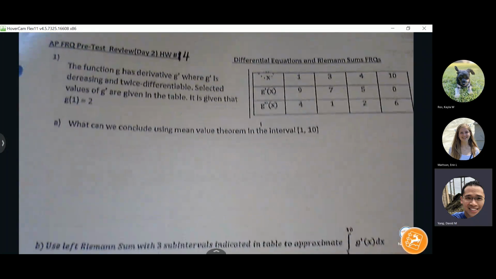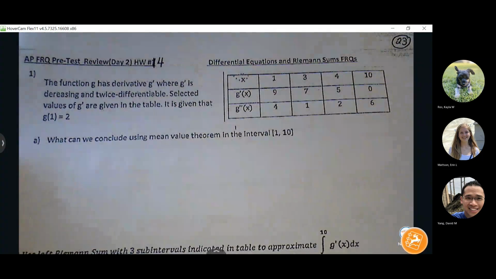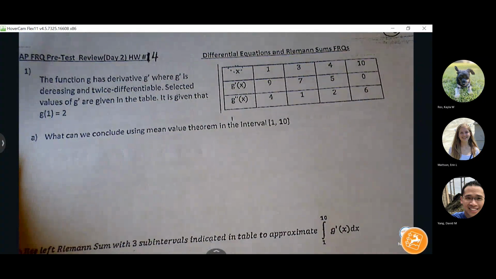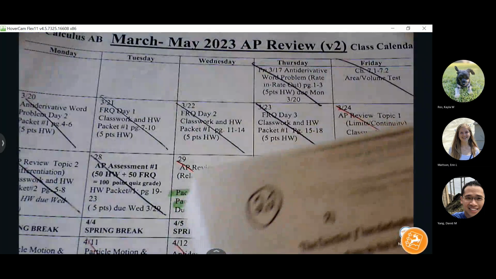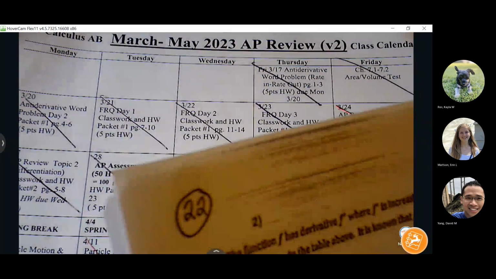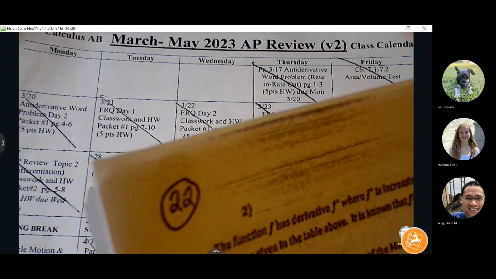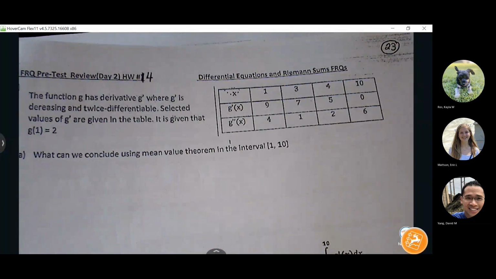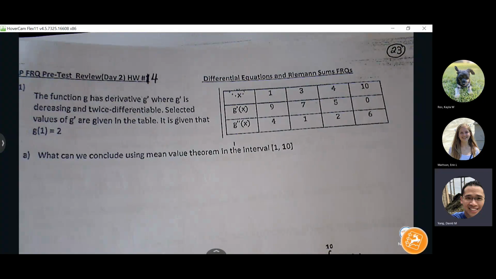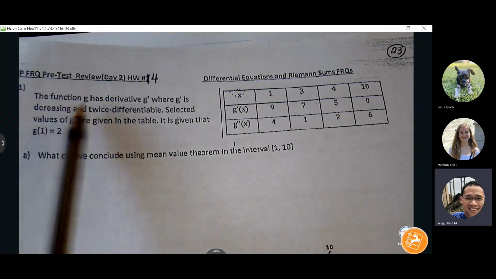All right, page 23. Start. Okay, function g has a derivative g prime, where g prime is decreasing and twice differentiable.